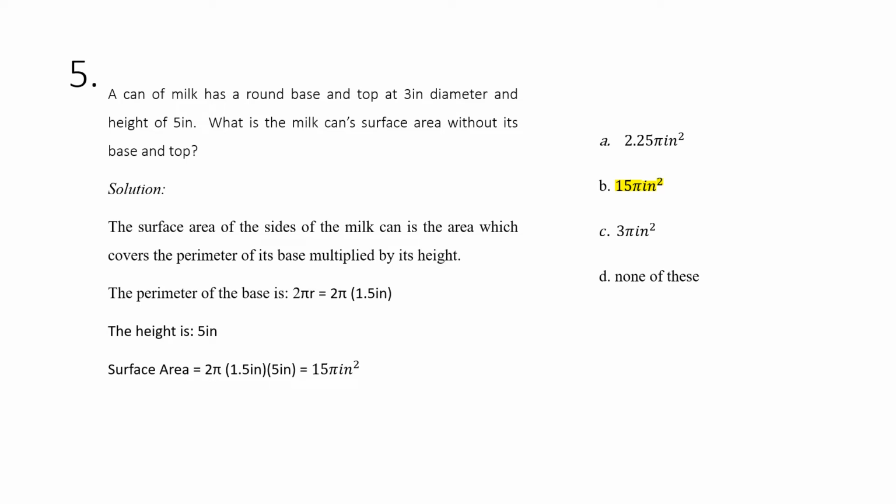And we will have to look for the length of this side, which will correspond to the perimeter of the base, and the perimeter of the base of anything that's circular or round will be 2 pi r. For this case, it will be 2 pi times 1.5 inches. And given that the height is 5 inches, therefore the surface area will be perimeter times height, or 2 pi times 1.5 inches times 5 inches, and that will give us 15 pi inches squared.